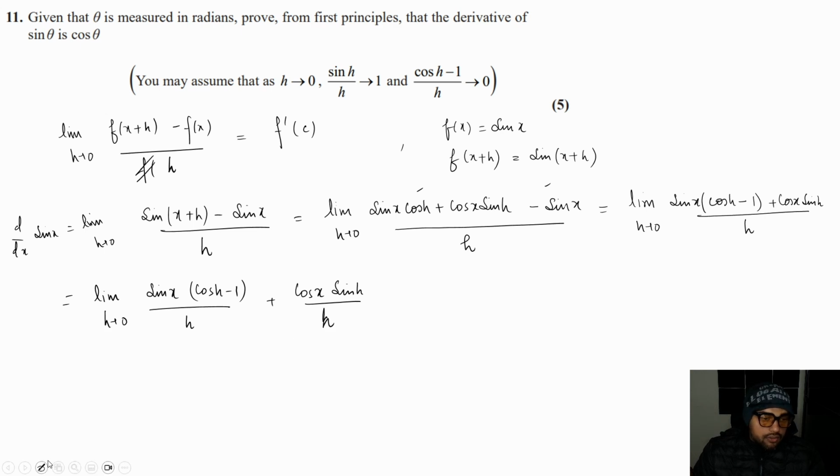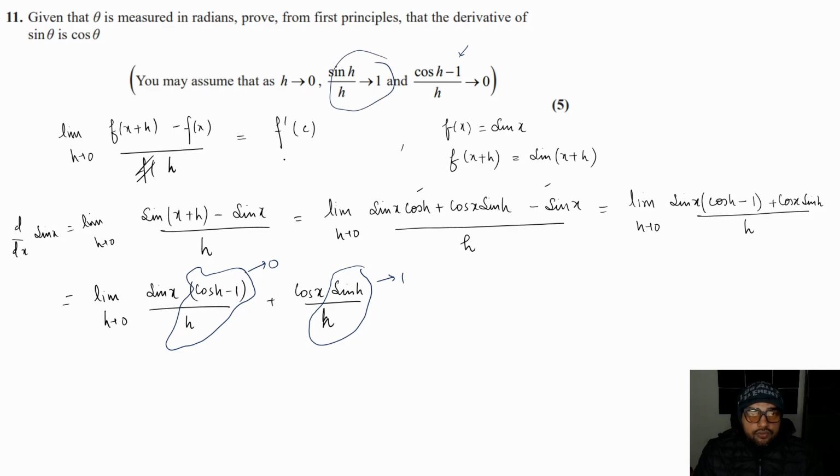Now we can see here, students, that this part is given as 0 in the question. So this will be equal to 0, and this part is equal to 1 because it is also given in the question. See, sin h by h is equal to 1.